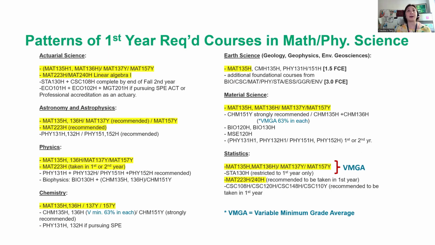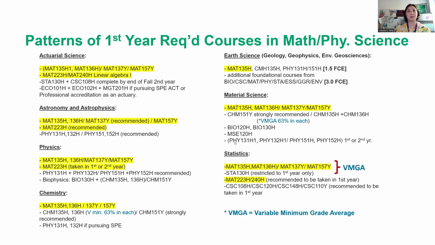Here are other patterns for students who may be interested in other math and physical science programs, such as actuarial science, astronomy, astrophysics, physics, statistics, and materials science. This is a combined program offered by engineering and the Faculty of Arts and Science. There's also earth science and chemistry.